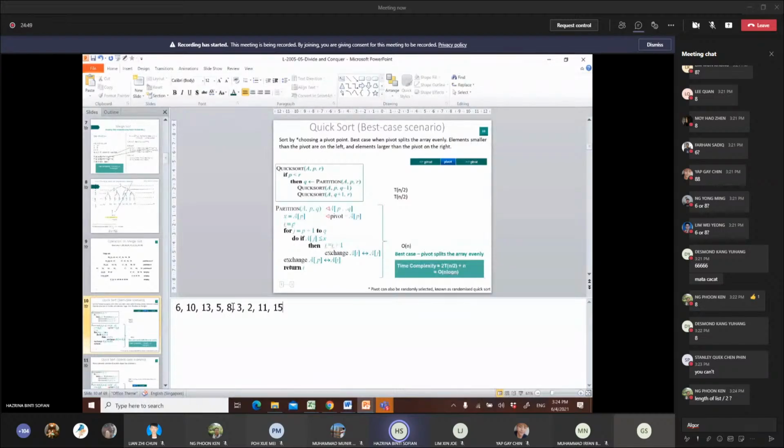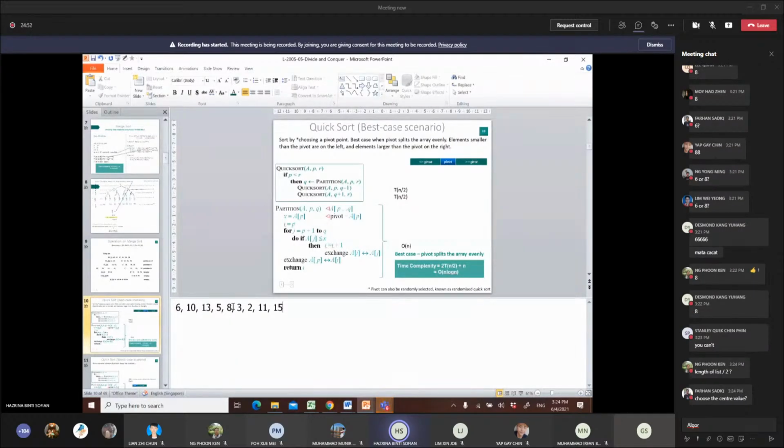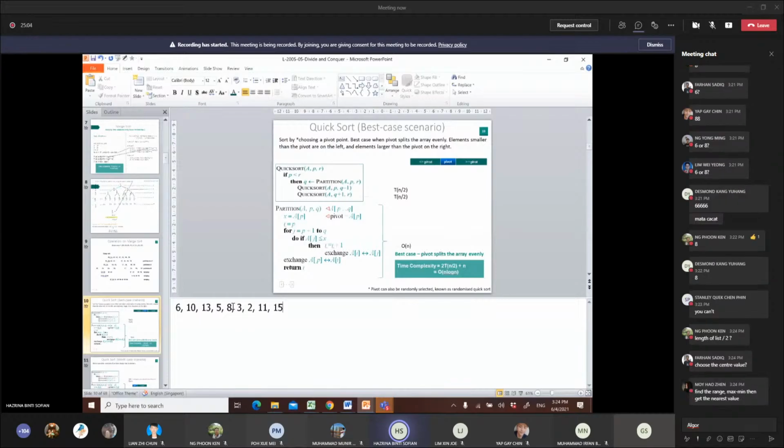Length of list divided by 2. If the length of list divided by 2, right now, it's not the index. If the length would be 9 divided by 2 is 4.5. 4.5 is the index but not the value.